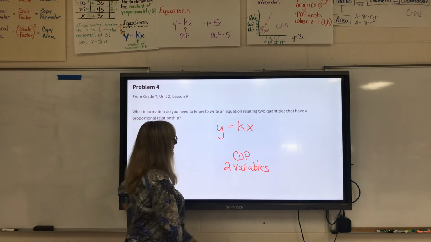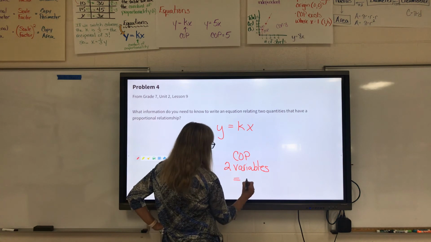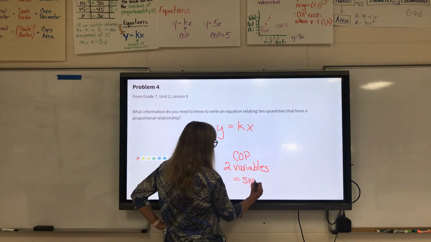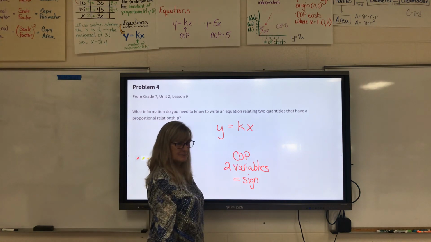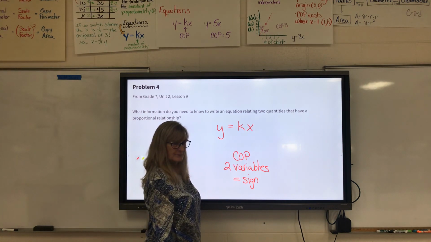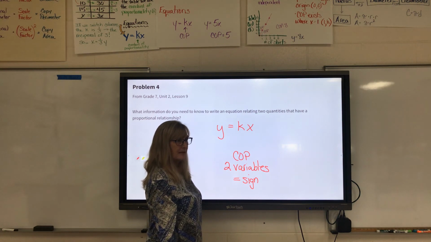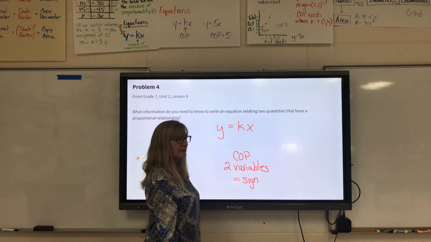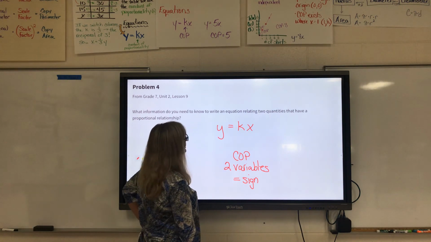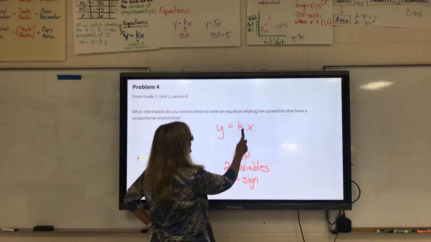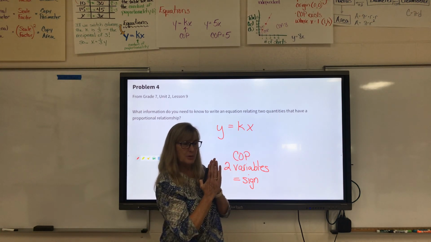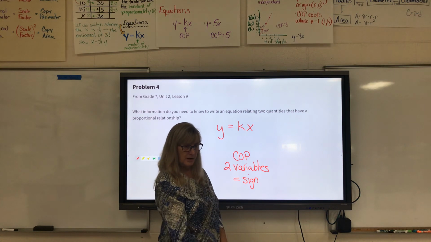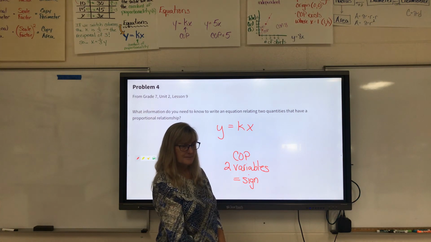An equal sign. Okay, what operation is between k and x? Multiplication. So we need to know that when we have 2 variables next to each other, they are multiplied. Okay, anything else we need to know?